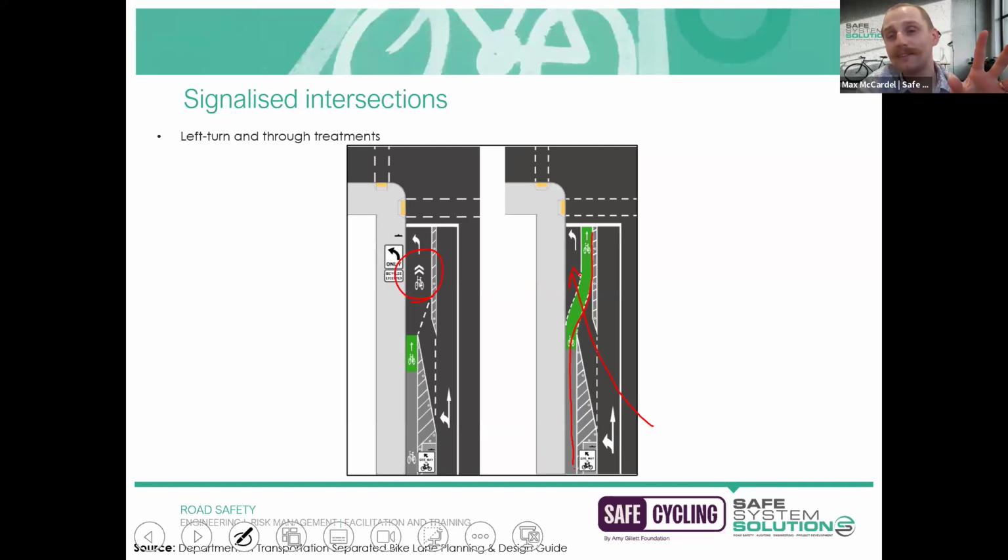Neither of these treatments are by any means best practice and by any means going to eliminate the risk of collisions between vehicles turning left and riders traveling in that area. But just thought we would bring that to your attention in case you are physically unable to constrain in your sites, just give you some options to help.